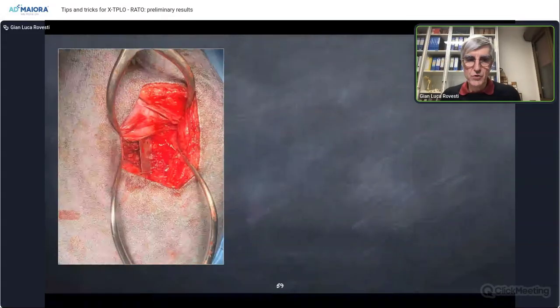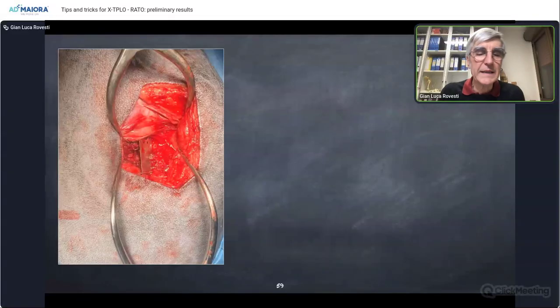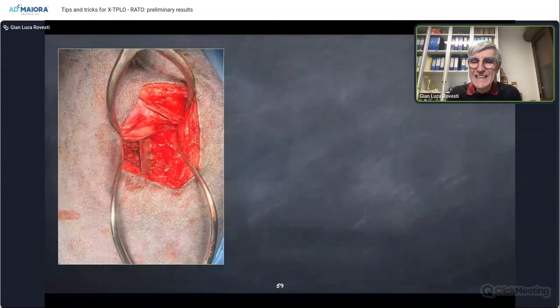this can be dangerous. And the reason why it can be dangerous is because if we mistakenly perform an osteotomy with an angle that is too open, we can cut through the femur, exiting much more caudally and medially than expected.